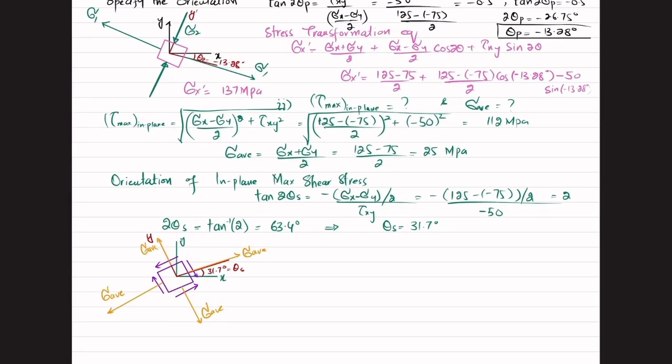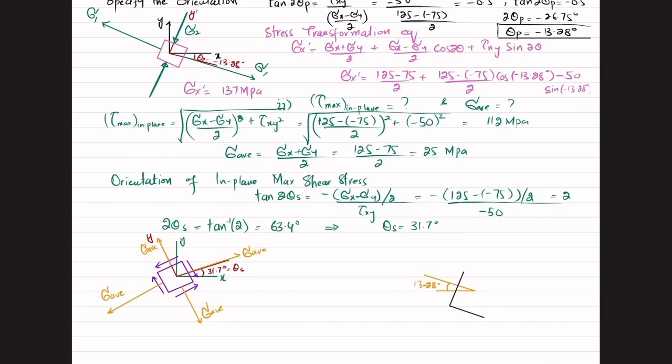Now if you want to represent both states of stress in one diagram, what we will do is, let this be your initial x-axis, and you move 13.28 degree in this clockwise direction, so you can see this is clockwise, and draw the element, one face perpendicular to this and the other one like this.